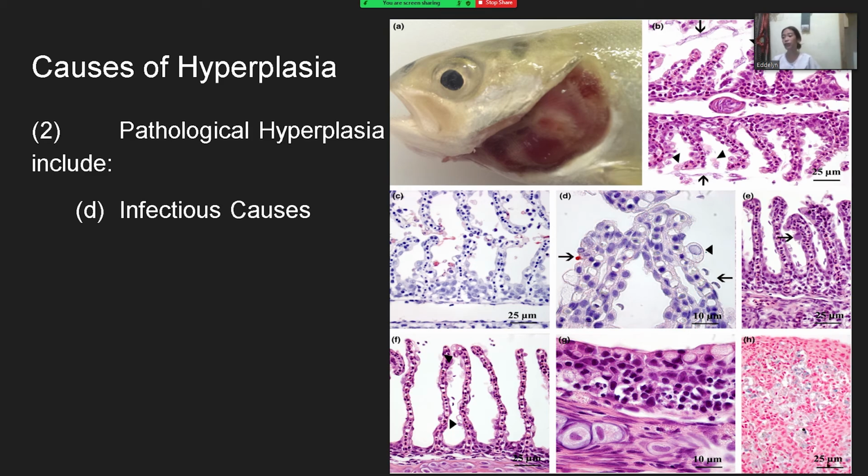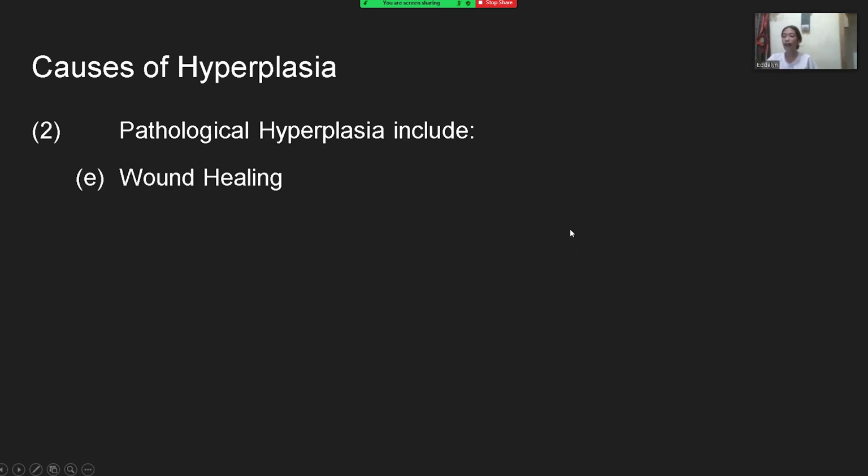Hypocalcemia is a condition in which there are lower than average levels of calcium in the liquid part of the blood or the plasma. So that is hyperplasia. Next, one of the adaptive responses of cells is metaplasia.